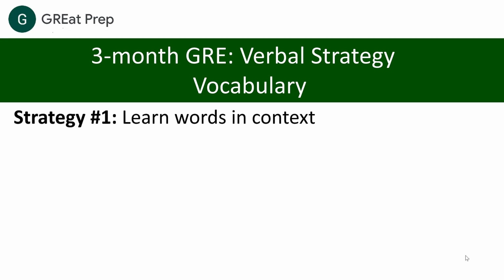However, once you're done with the first pass of going through all these words alphabetically, you can even do it 2 times. But once you're done with it twice, what you really need now is the strategies that will help you to use these words in order to solve the real GRE questions.